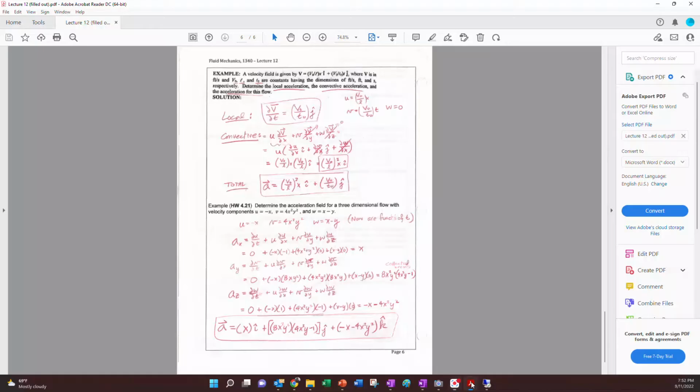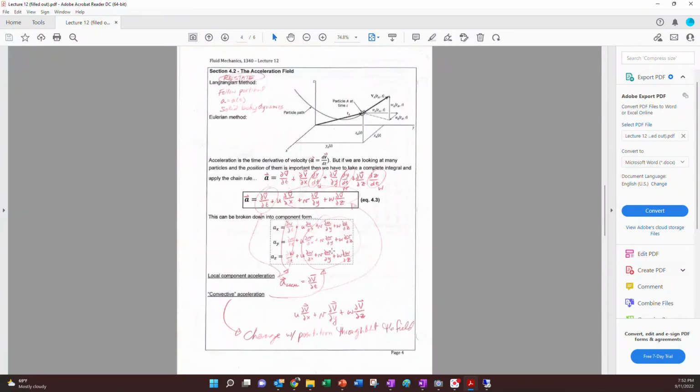Hopefully I will fix this later on. These are all supposed to be used everywhere, and I miswrote them. It's supposed to be V's everywhere and U's everywhere across here and V's everywhere.